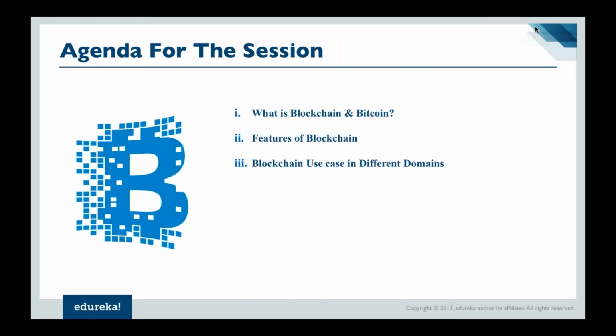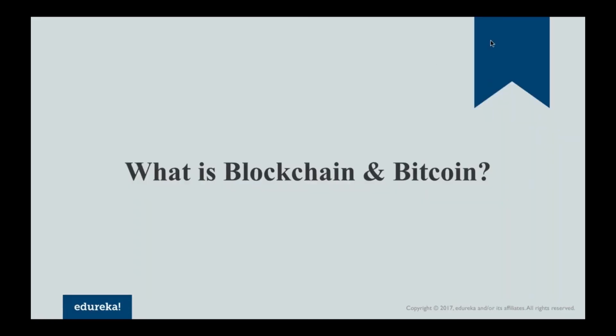So we are going to understand what is blockchain, what is Bitcoin, what are the features of blockchain, the different features that it is offering. We'll also talk about the different use cases where blockchain is going to be useful in different industry scenarios. Okay, so let's first talk about what is blockchain and Bitcoin.